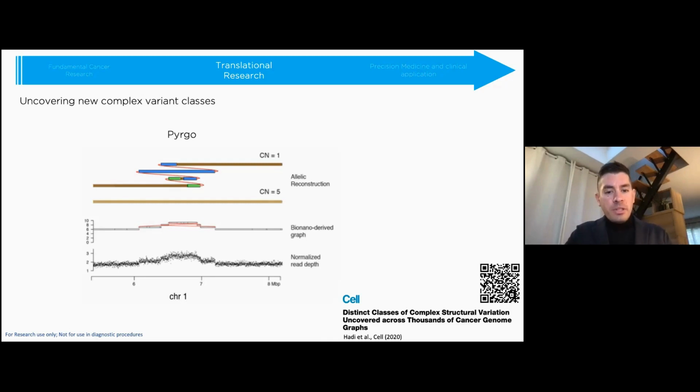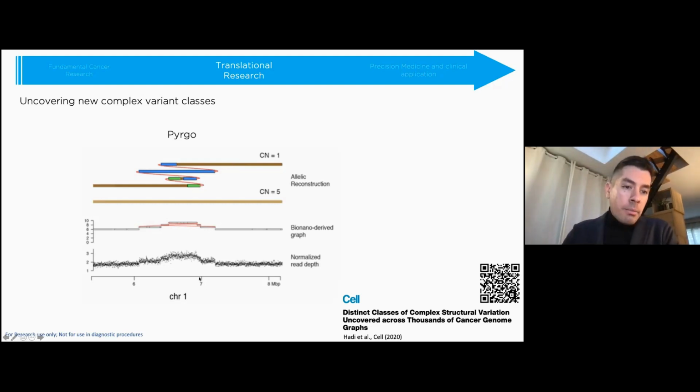And by sequencing thousands of cancer genomes, new complex SV patterns have been identified, but resolving their exact structure is not always possible from NGS data. You can see here a structure called Pyrgo. Pyrgo means tower in Greek, and it corresponds to a low junction copy number hotspot. It has been identified specifically in patients with ovarian cancer.